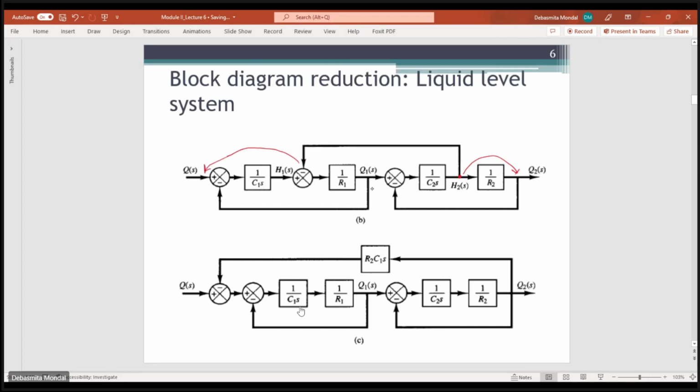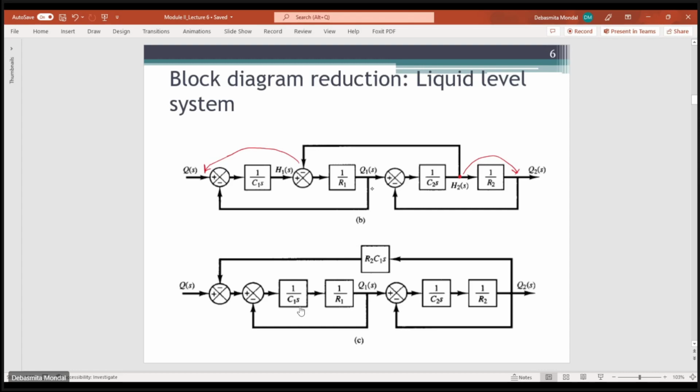If you are not confident with doing both changes at the same time, you can do it one at a time. You can first move this takeoff point after 1 by R2, then write the gain in the corresponding path, and then in the next step move this summing point ahead of this one.